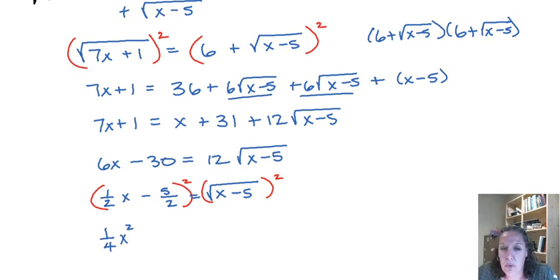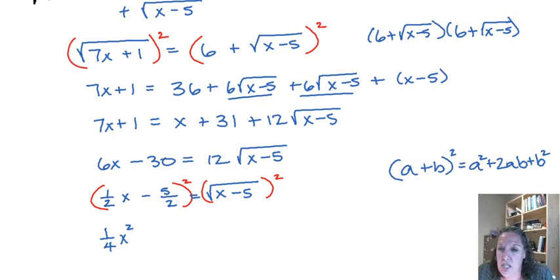And so the formula that we use, if we have (a plus b) squared, it's a squared plus 2ab plus b squared, where here our a is the 1/2 x, so we square that, and then 2 times a times b, so 2 times 1/2 times x is going to be x, times negative 5/2 is going to be negative 5/2 x, and then square the last one, and negative 5 squared is 25, and 2 squared is 4, so we get 25 over 4.